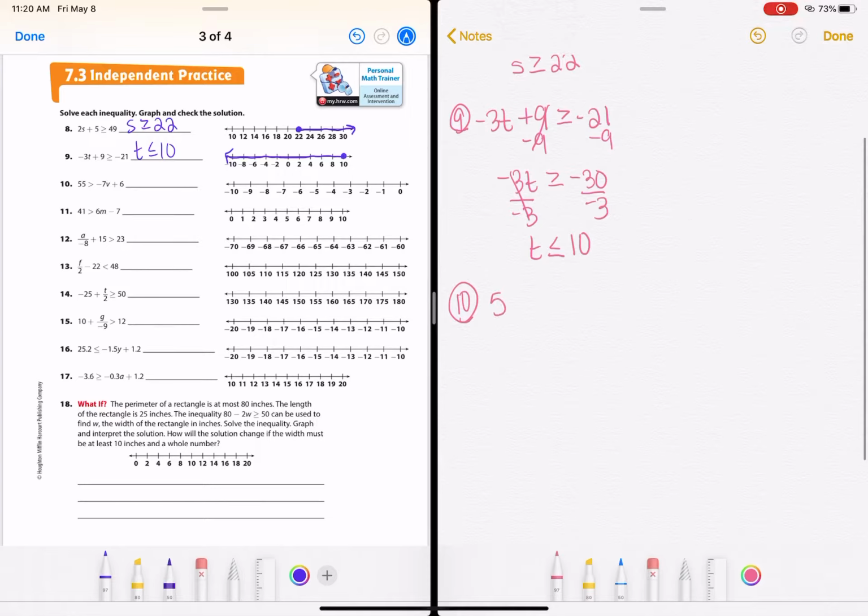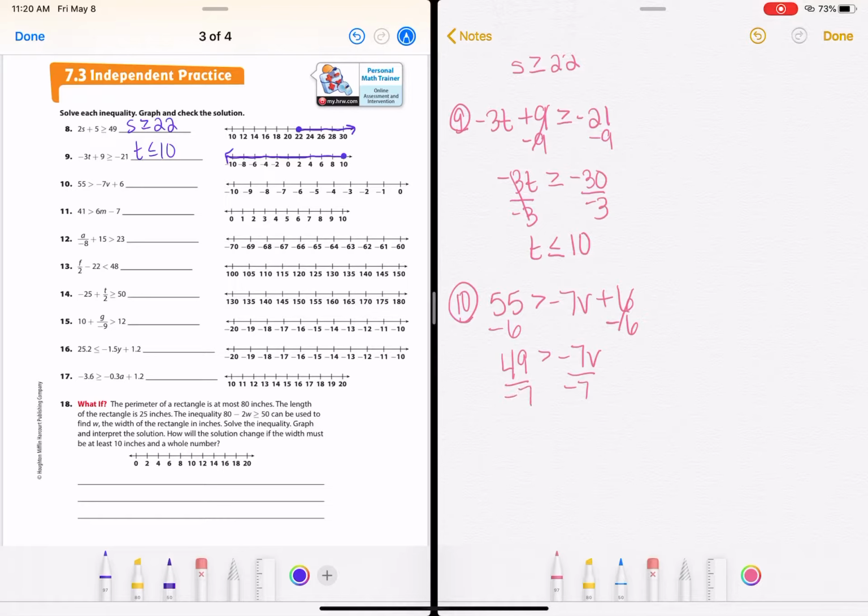Number 10, we have 55 is greater than negative 7v plus 6. Subtract 6 from both sides. 55 minus 6 is 49. Divide both sides by negative 7.